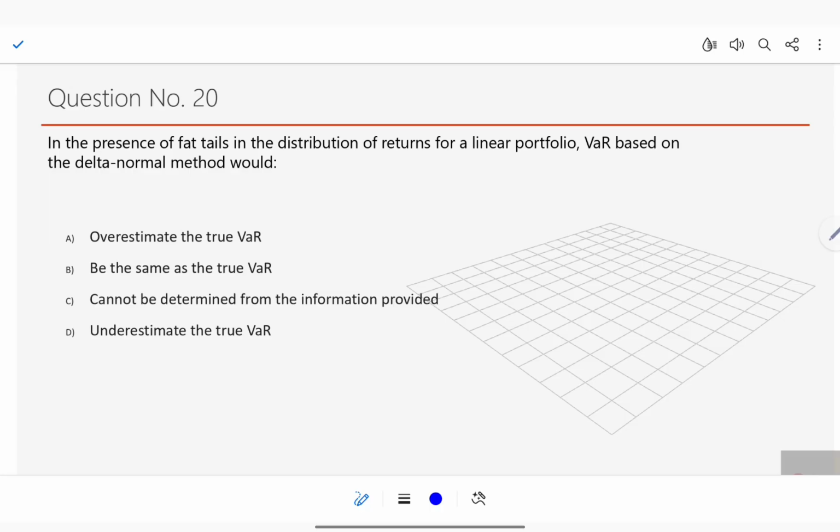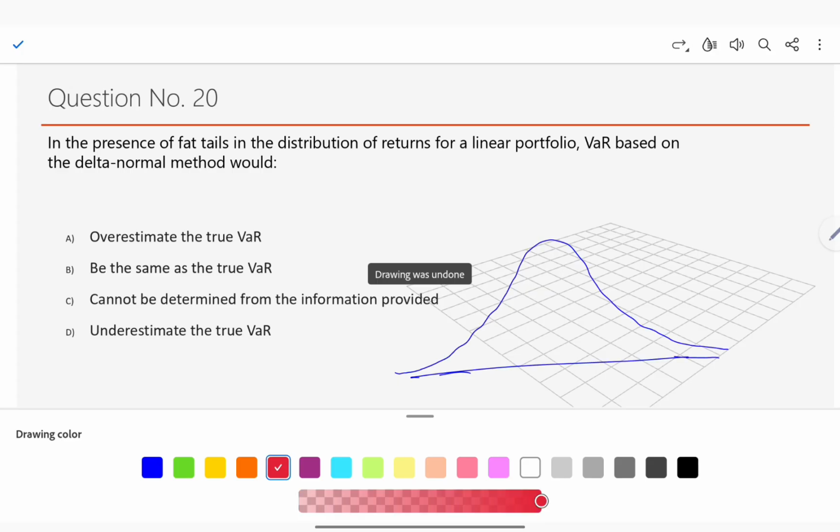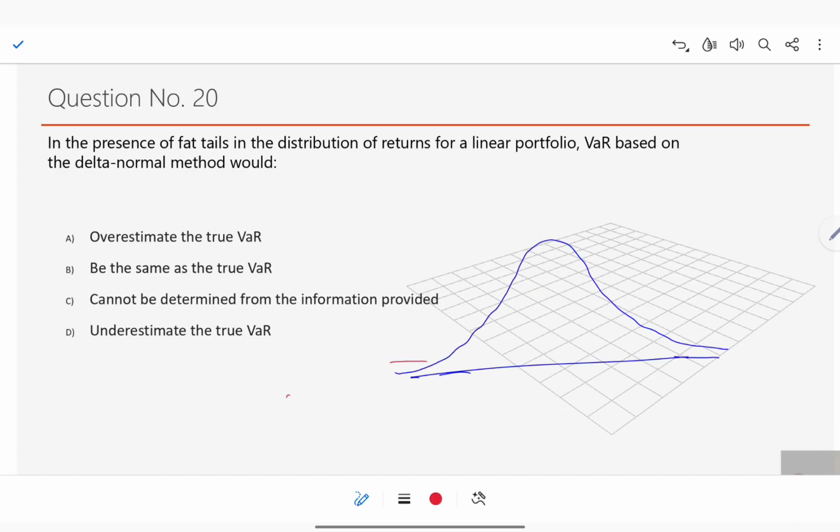We know that our VAR is this one, and it is asking about the presence of fat tail. So we have fat tail, it will go like this.